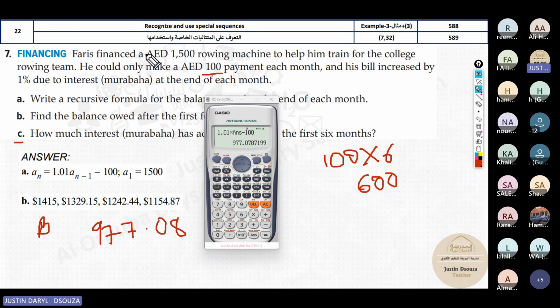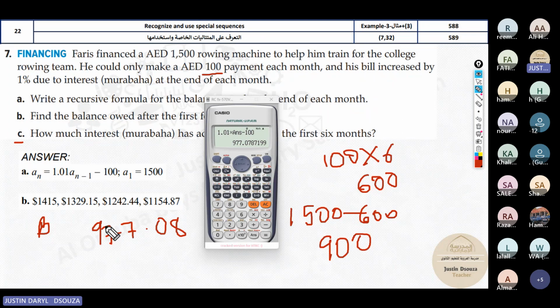Initially he borrowed 1,500. If it was interest free, it would be 1,500 minus 600. How much is the answer? It would be 900. So now if you look at this, the balance is 977.08, whereas after 6 months without interest, it would have been 900.